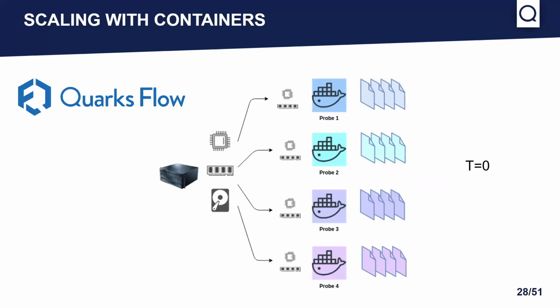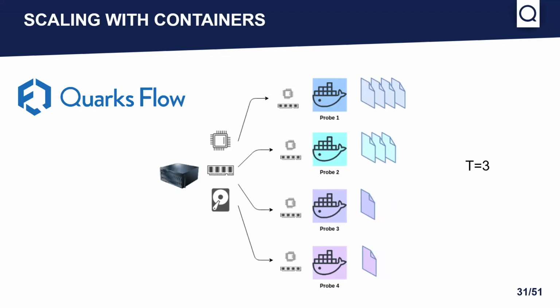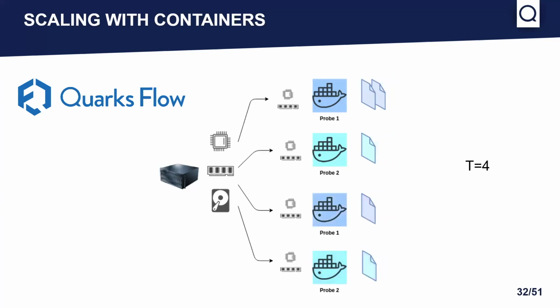With containers, so within Quarks Flow, this time the containers will be spawned when needed, and let's say we keep the 4 same probes and we have 4 files also to analyze. T equal 0, we will have the same situation. T equal 1, same situation, and here it will change a bit because the next seconds probe 3 and probe 4 will have completed their queue, and we will have more resources to share between the 2 slow probes.